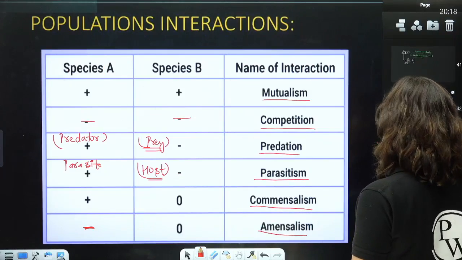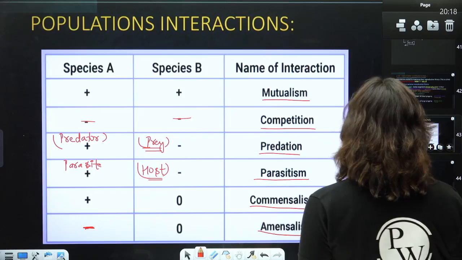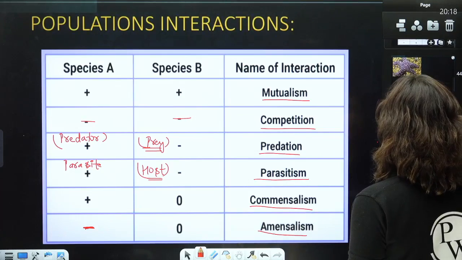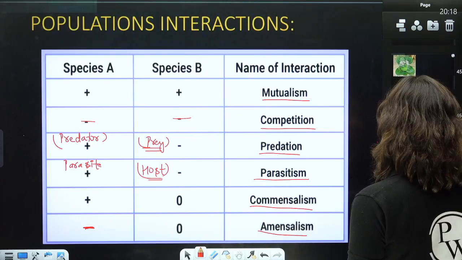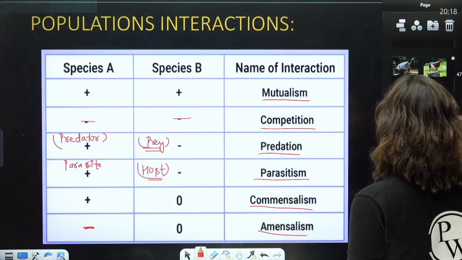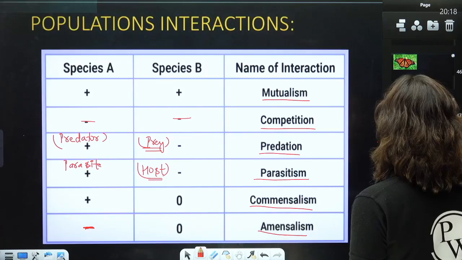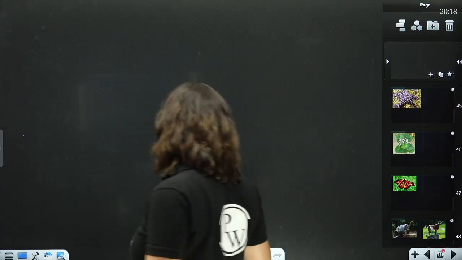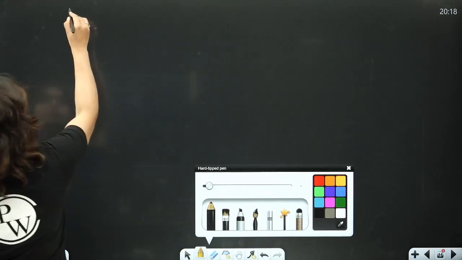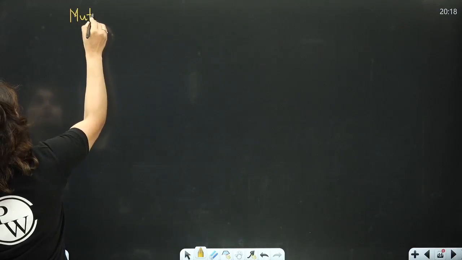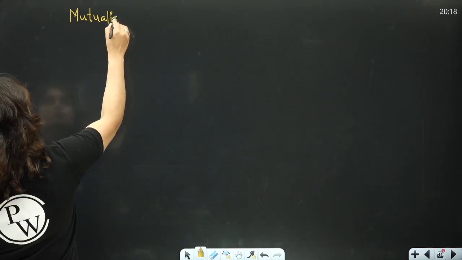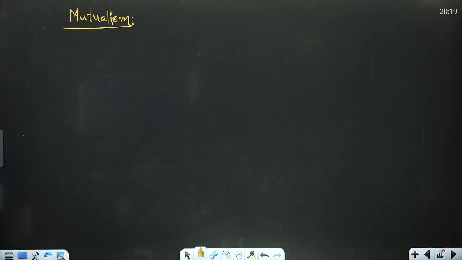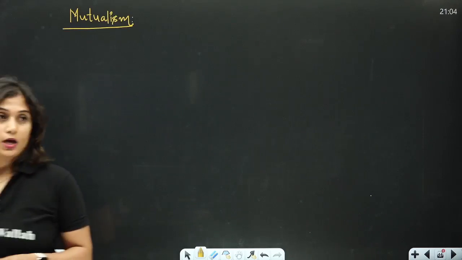Okay, so first of all, let's take the example of mutualism.